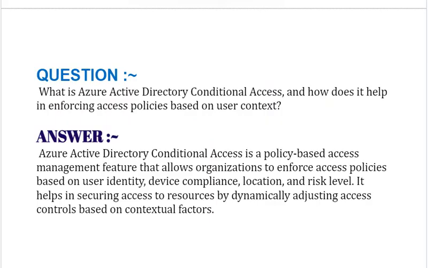Our interview question based on AZ-500 is: what is Azure Active Directory Conditional Access and how does it help in enforcing access policies based on user context?